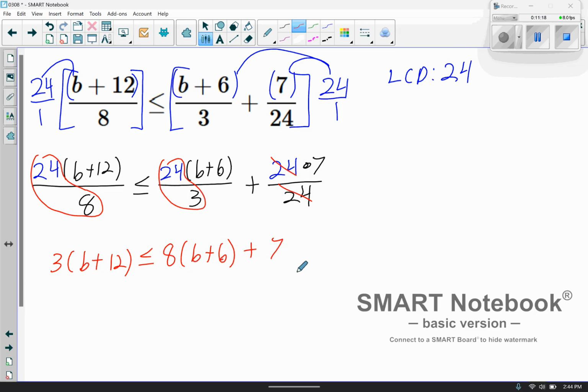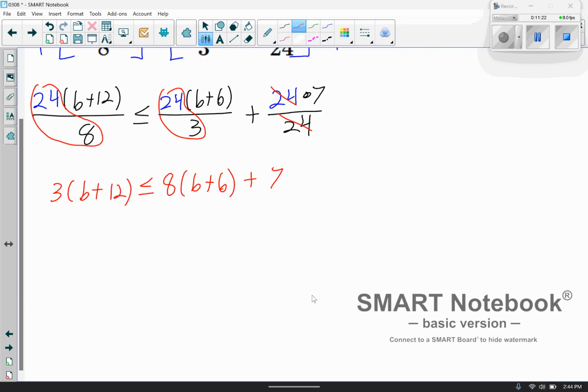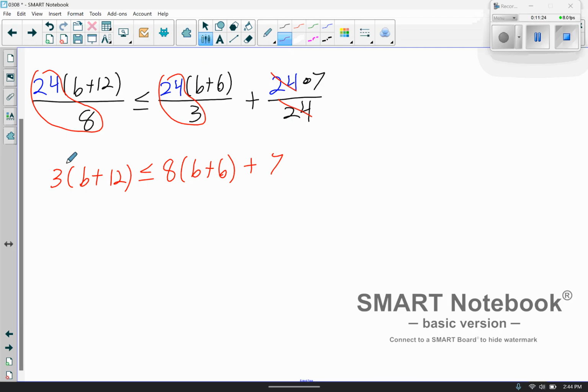Okay, now at this point, this hopefully doesn't look too bad. It looks kind of similar to some of the others we've already done. So we'll go ahead and distribute here and here. So we're going to get 3b plus, let's see, what is that going to give us? 36, less than or equal to 8b plus 48.